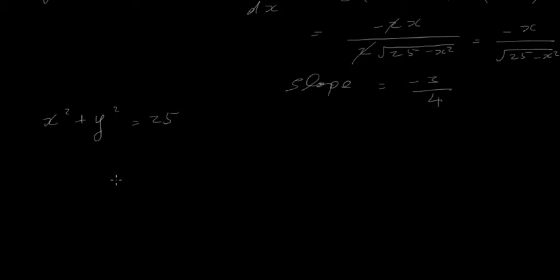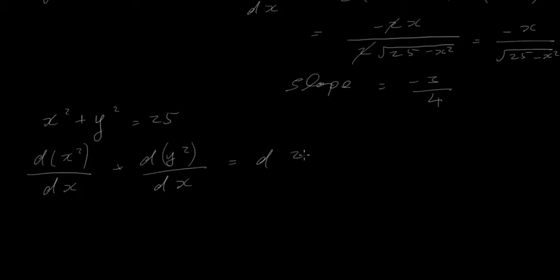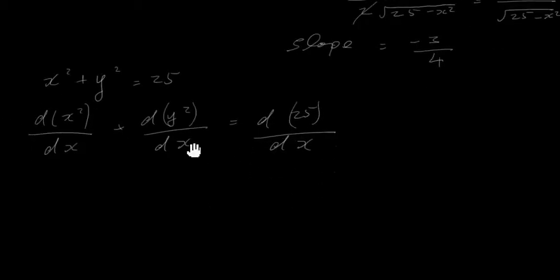So what I'm going to do is differentiate each term as it stands. I'm not going to do any rearranging. So differentiate x squared with respect to x, differentiate y squared with respect to x, and differentiate 25 with respect to x. That's what we're going to do.